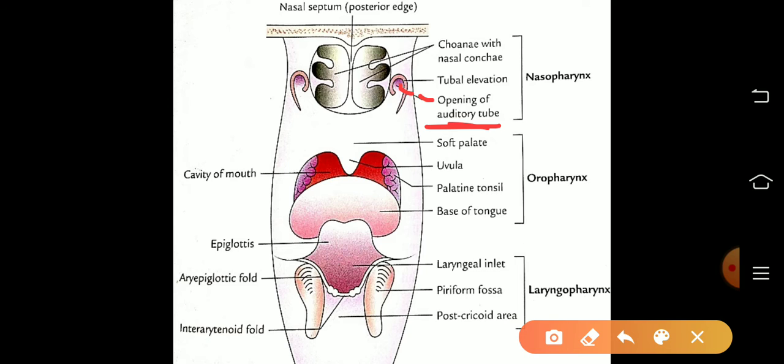It is a connection between the auditory tube of the ear and the pharynx, so that when you put ear drops in your ear, you can feel some kind of sour taste in your throat. It's because of this connection, the opening of the auditory tube, or orifice of the pharyngotympanic tube.